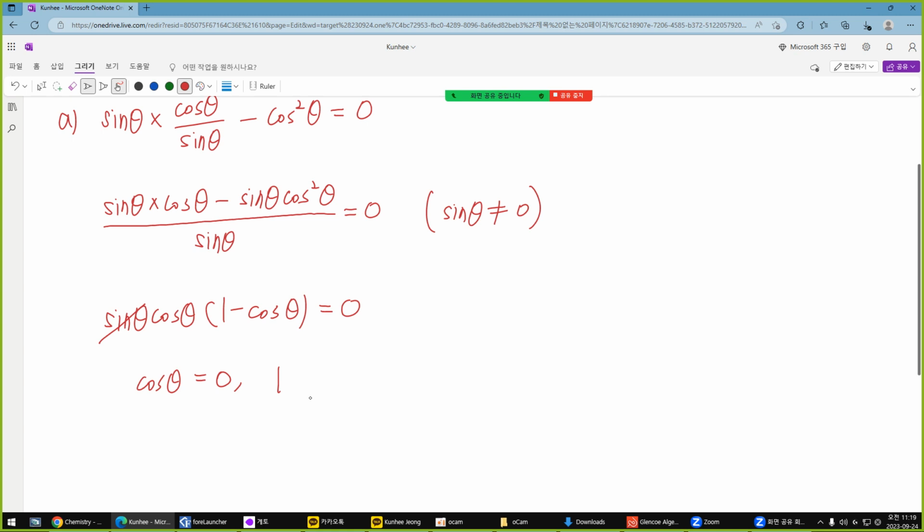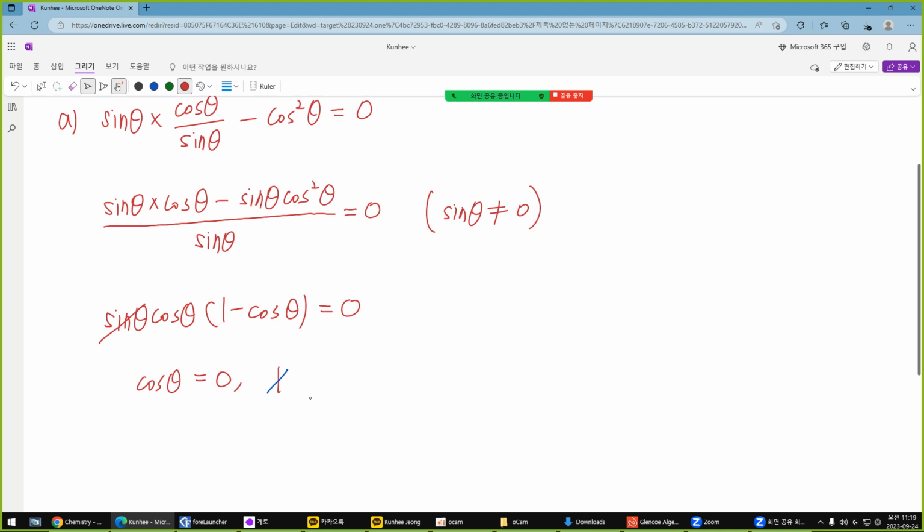But the problem is, when cosine theta is 1, sine theta is 0. So that means we should exclude this cosine theta is 1. That's called the extraneous solution.